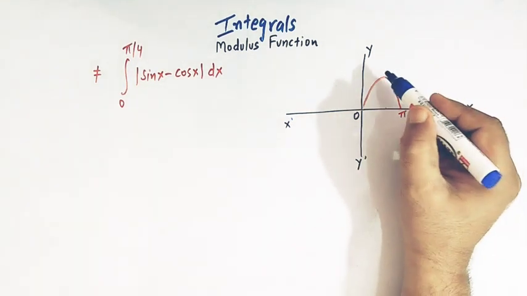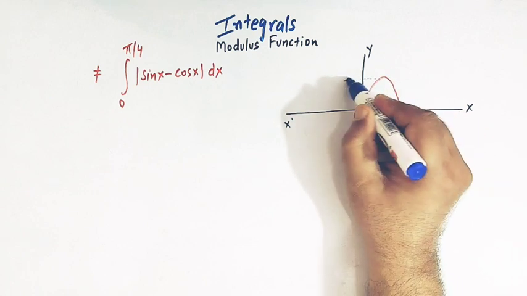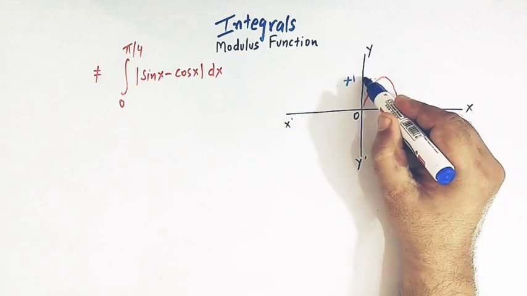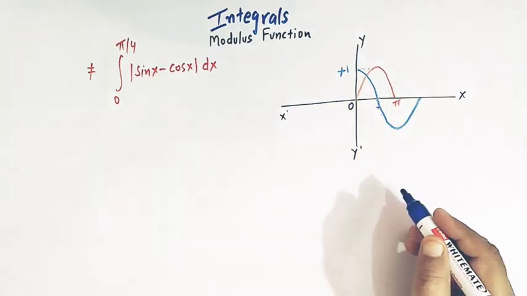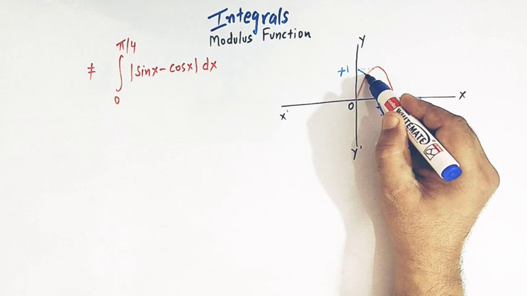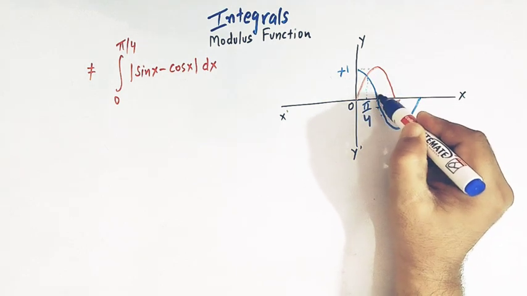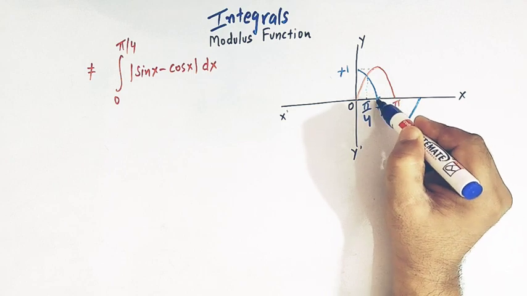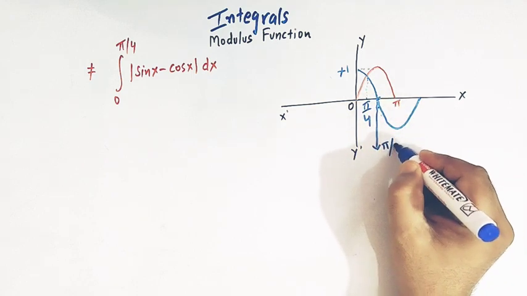And now let us draw the graph of cosine x. So here we have plus 1 and the graph of cos x goes like this. Now here we have the point pi by 4, and this point is pi by 2.